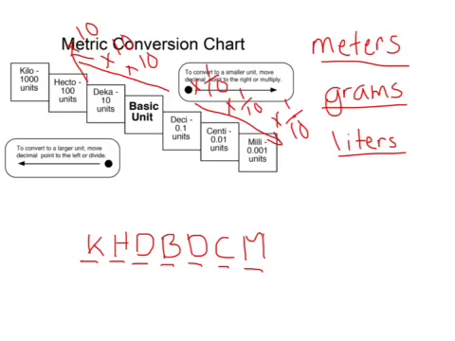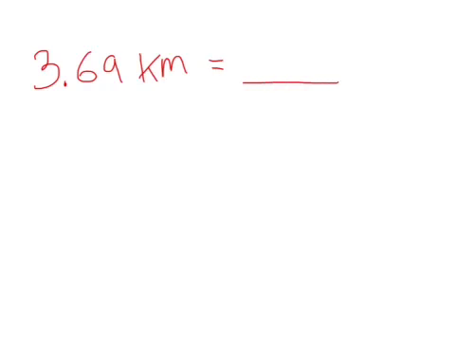Let me give you an example of how a problem would look and how to solve it using our metric conversion chart. Let's say that Mr. Lou is going for a run, and he runs 3.69 km. When you see km, you know it's kilometer. 3.69 kilometers. How many meters is that?